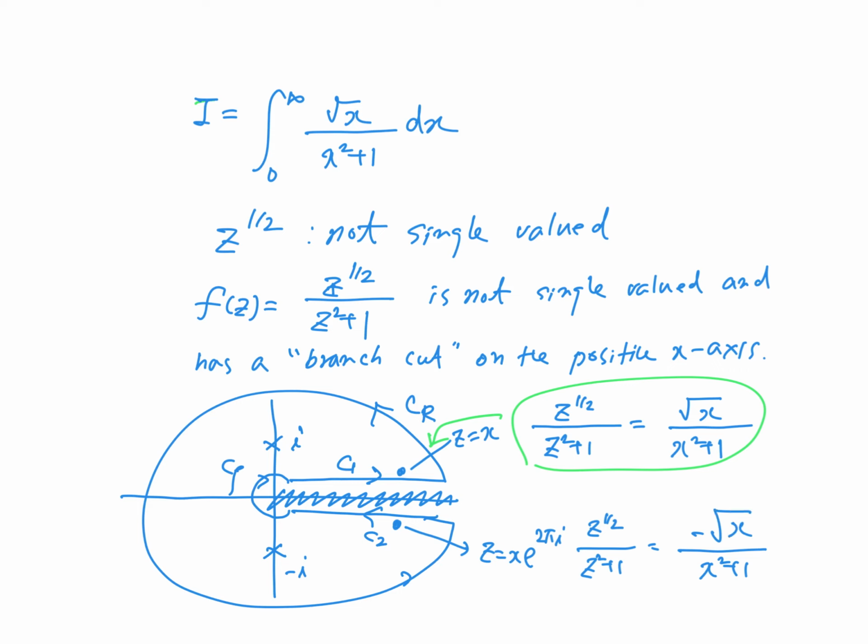Because of this exponential 2 pi i, when you take a 1/2, then you have additional exponential pi i, so it makes minus, right? So this is this here.